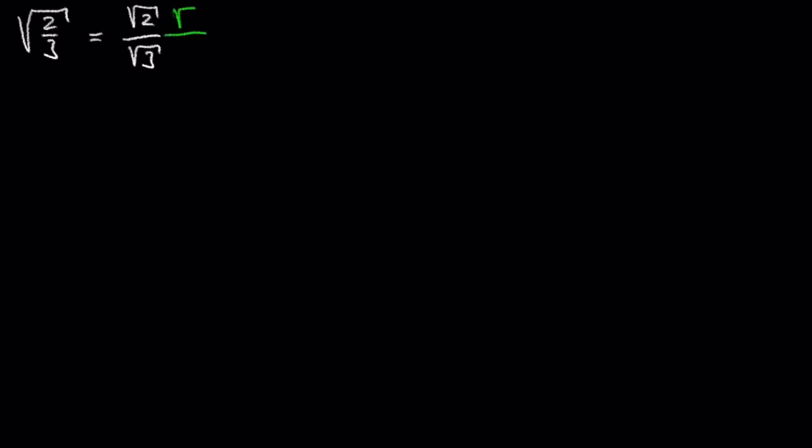Multiplying by the square root of 3 over the square root of 3, and by applying the multiplication law for roots, we get the square root of 2 times 3 over 3. The square root of 2 times 3 is the square root of 6, and we get the square root of 6 over 3.